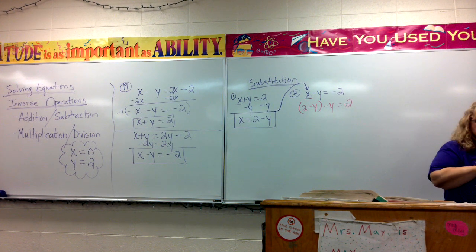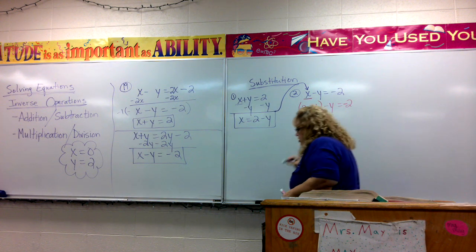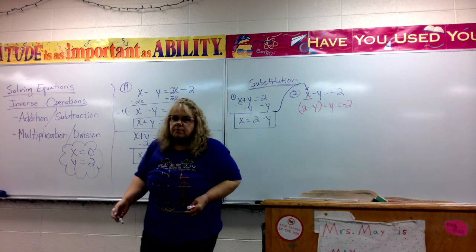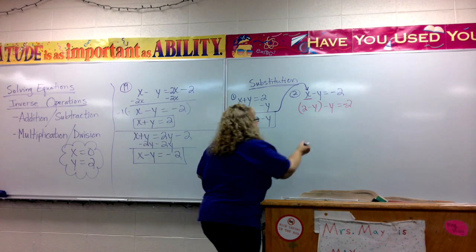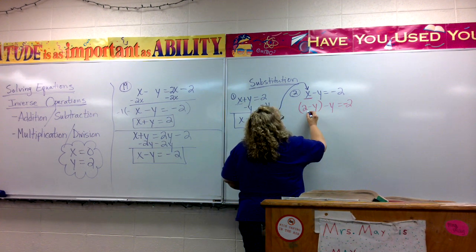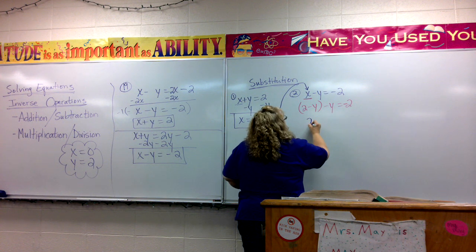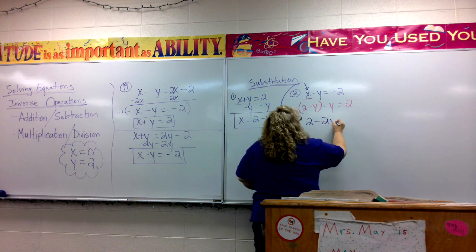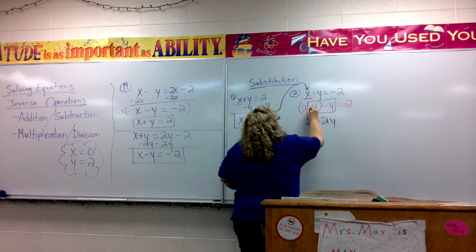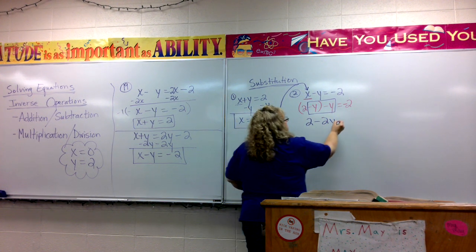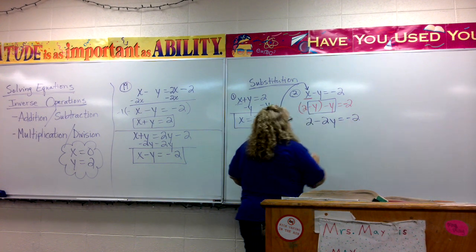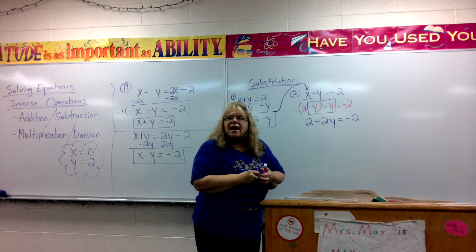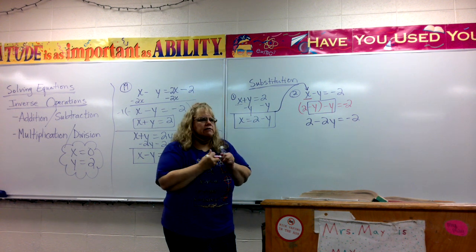Are we good? And now you're just going to solve it. Now you should have an equation with only one variable. Isn't that nice? So solve it. I have 2 minus y. Is that minus 2 y's right there? Now what? Do I have all the letters together?